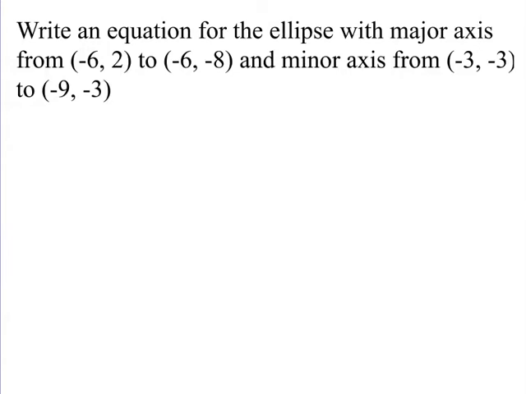Write an equation for the ellipse with major axis -6, 2, and -6, -8, and minor axis from -3, -3 to -9, -3. So once again, it really helps to draw a visual. So -6, 2, -6, -8. Okay, so here we go.